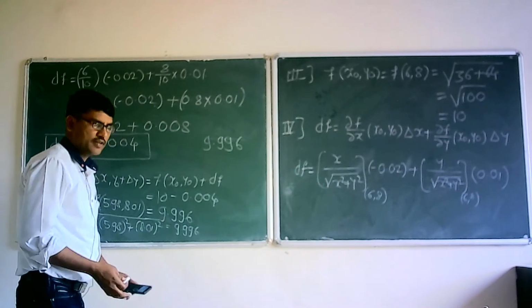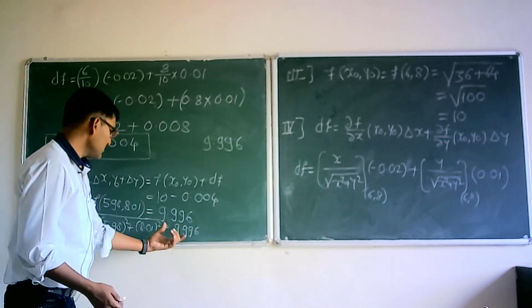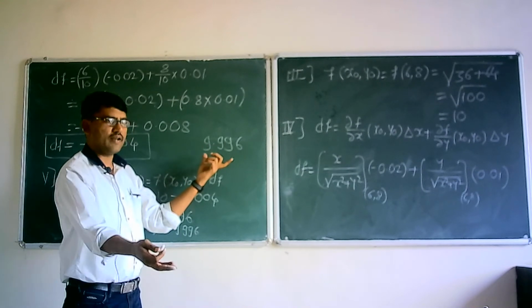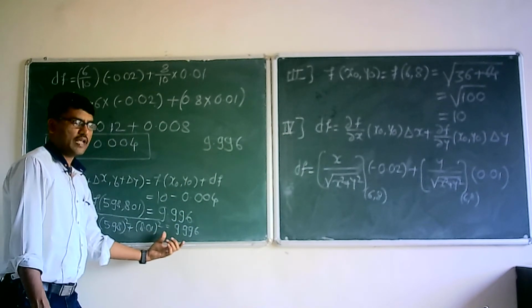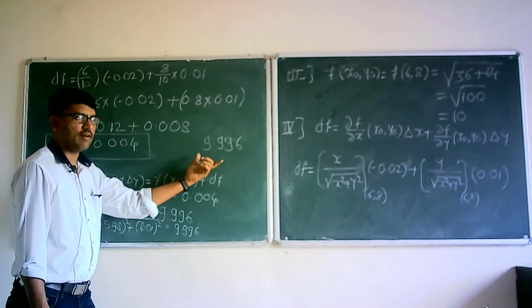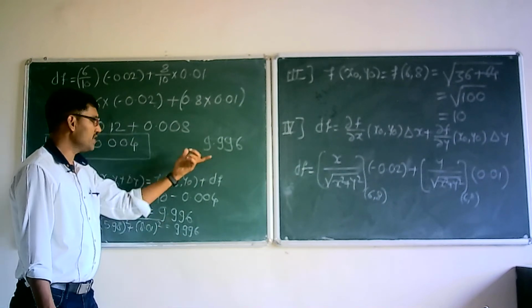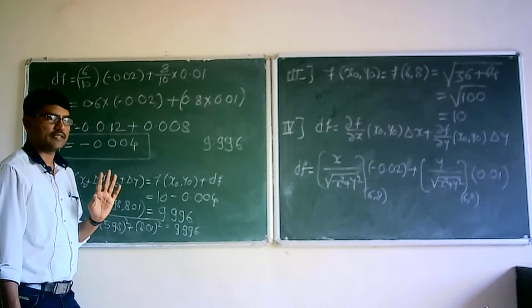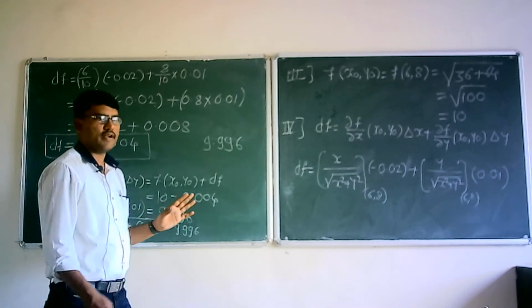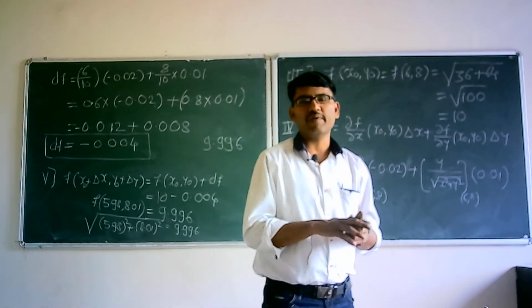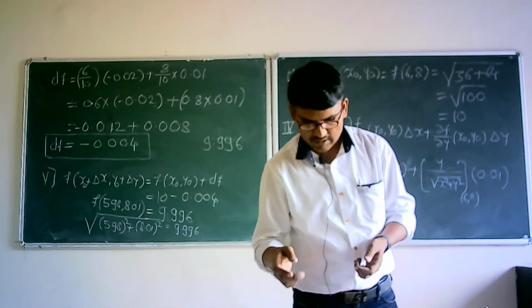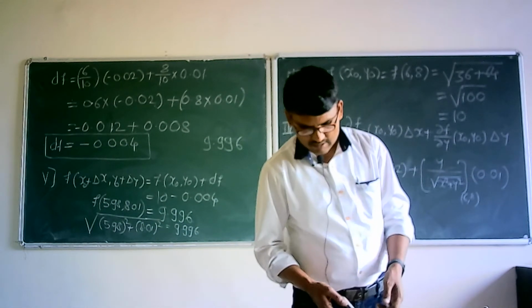So if you observe, this answer is almost equal to our calculated value. This is the calculated value and this is the exact value by using the calculator. If you see the difference, both answers are correct up to 3 decimal places. So hope you understand how to find an approximate value of a given complicated number by using a differential. Take one more example.